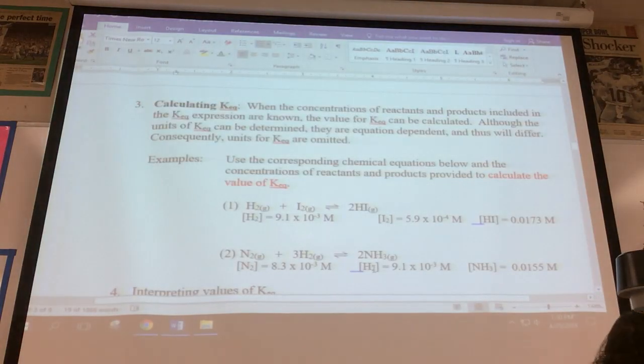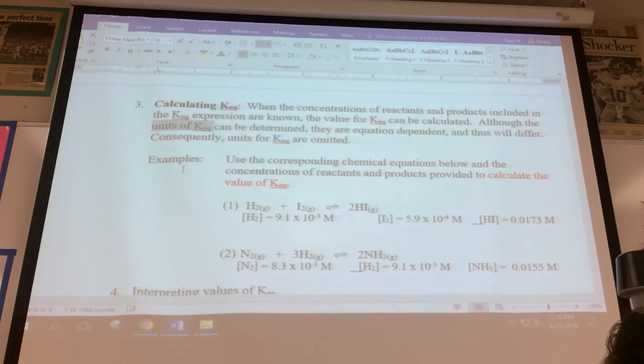So the next thing we're going to do is calculate KEQ from concentrations. We are not going to have a unit for KEQ because each equation can have a different unit of KEQ, and it becomes so tricky that we simply do not use units for KEQ.